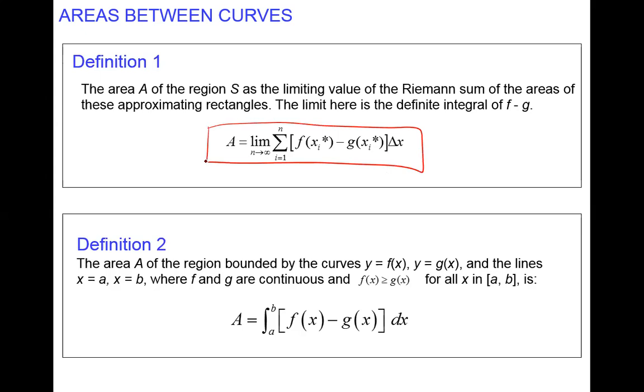To find the area between two curves, we simply integrate, because the limit of the sigma is just the integral from a to b of the difference between the two functions, the top one minus the bottom one, where f of x must be greater, with respect to x. That's quite a simple concept.